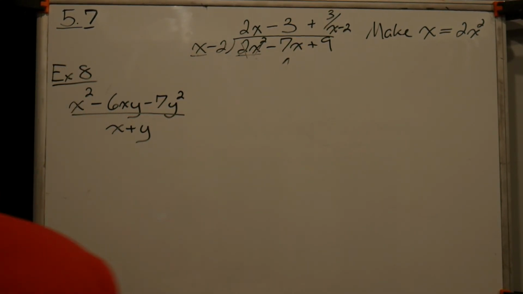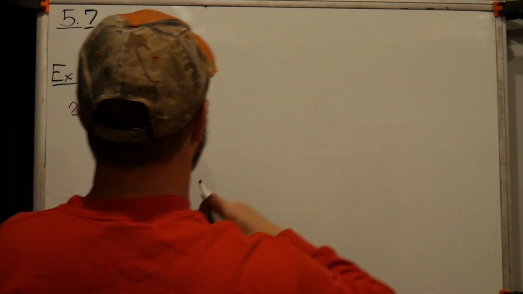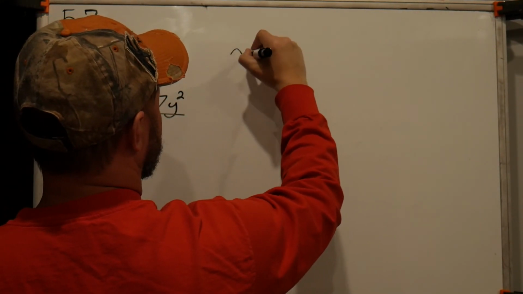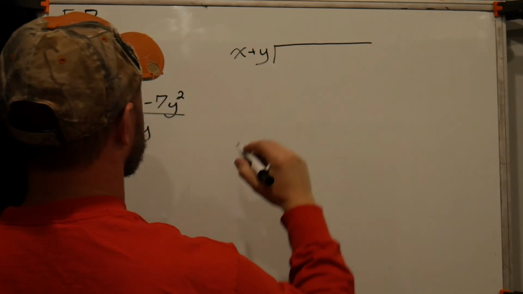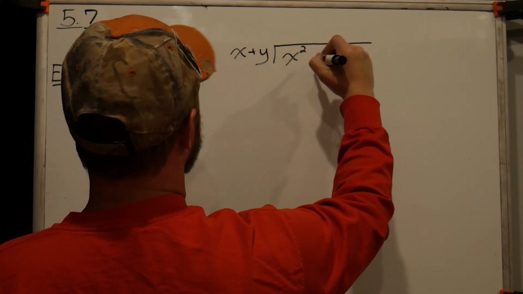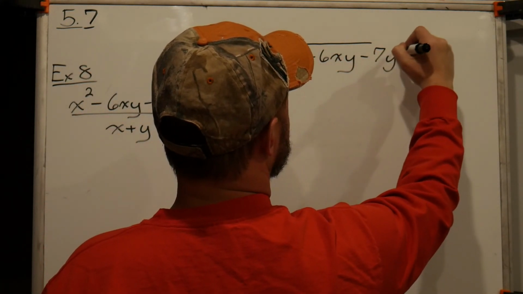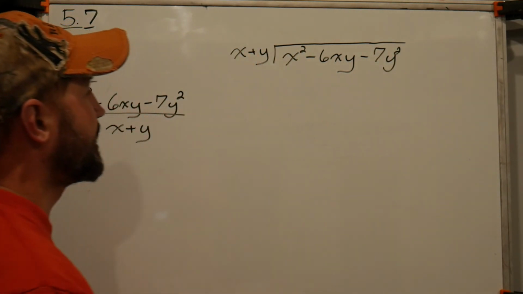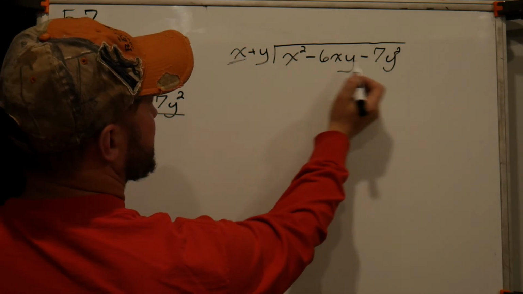So again, now I'll erase the rest of it. What I'm going to do is I'm going to think x plus y goes into x squared minus 6xy minus 7y squared. Again, my only main focus is this one and each term.